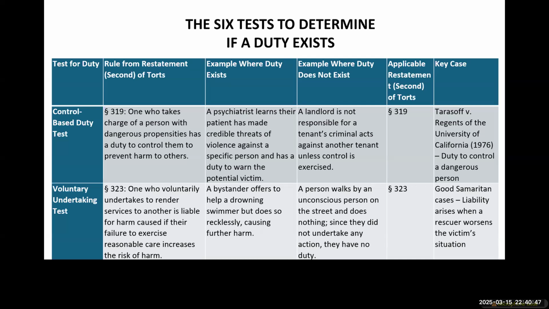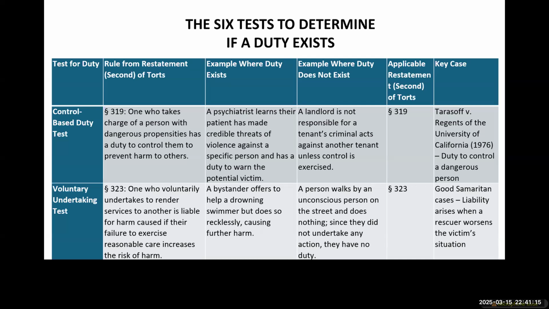I was asked if there's an example of this, and I said, sure, there are a couple in the book, but I did put an example in the chart. A psychiatrist learns that their patient has made a credible threat of violence against an identified specific person.